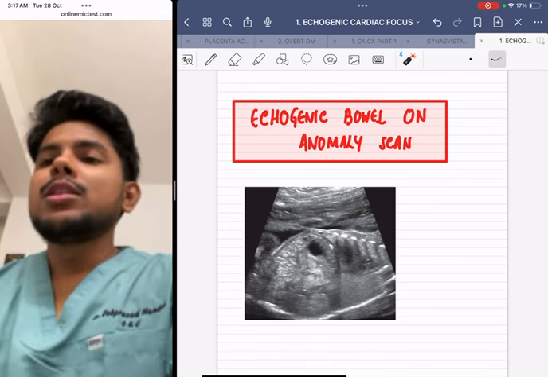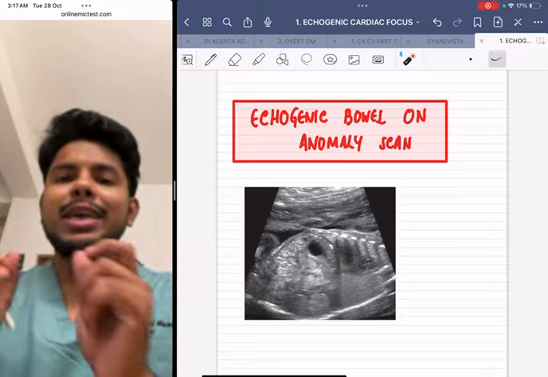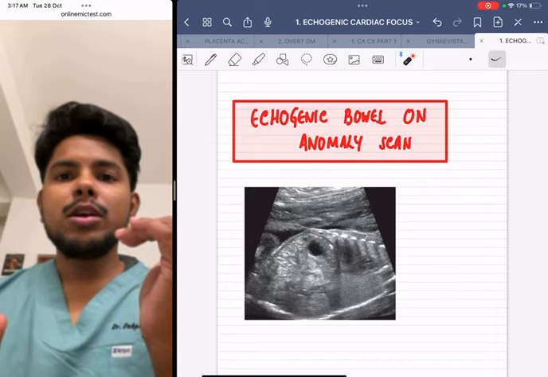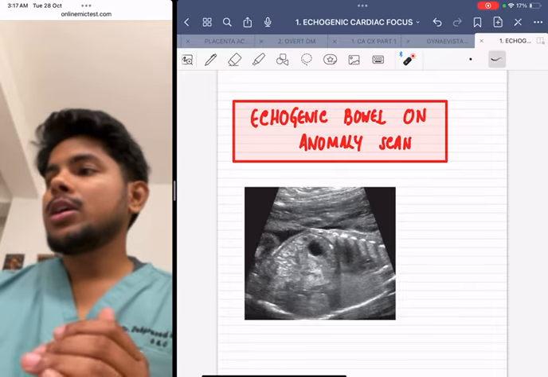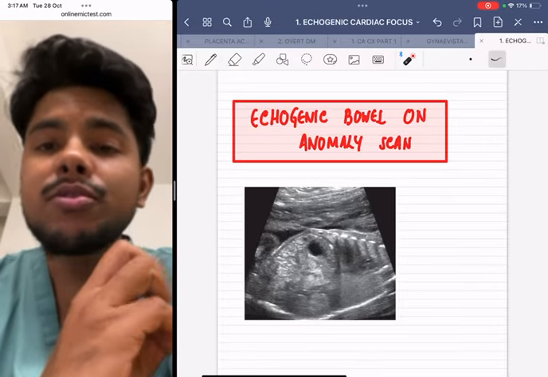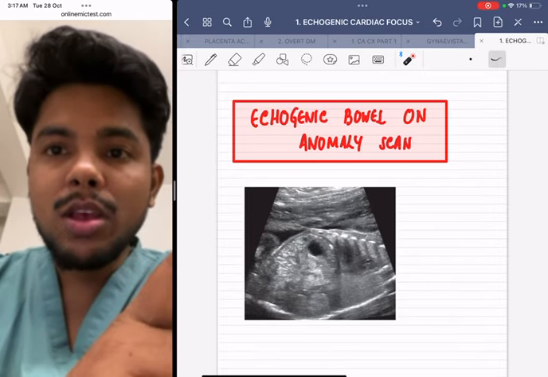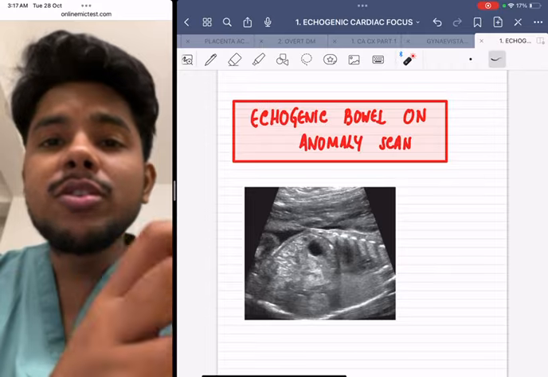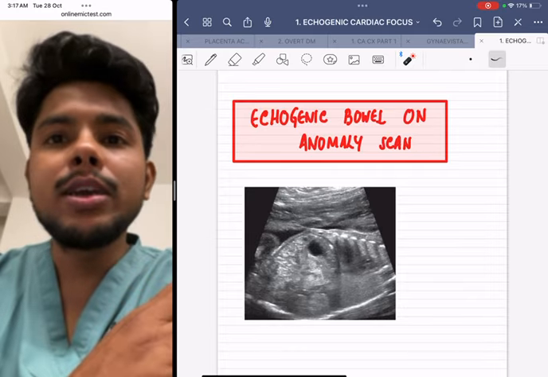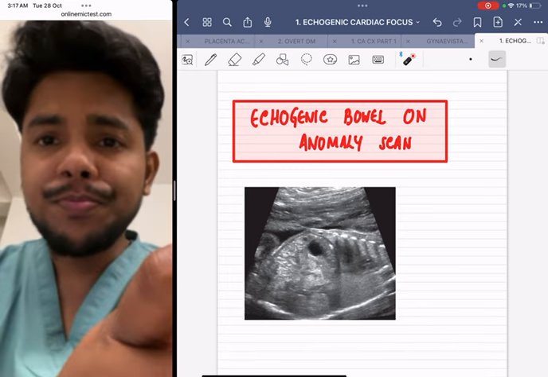All right, so in short, if we get this finding of fetal echogenic cardiac focus and the screening for Down syndrome is negative, then just go for a fetal echo, just to be on the safer side, to rule out structural fetal cardiac anomalies.